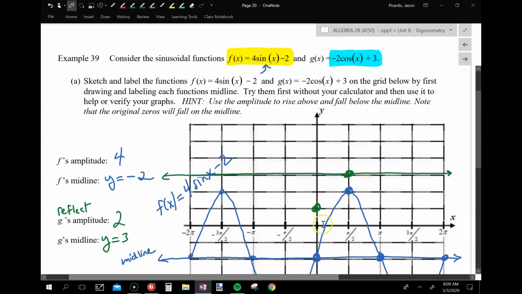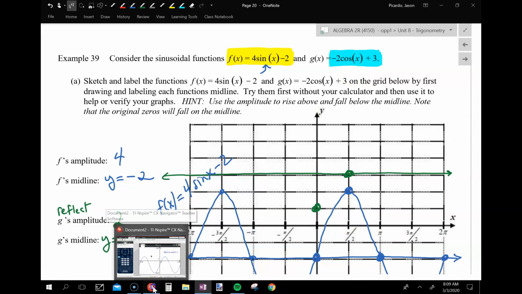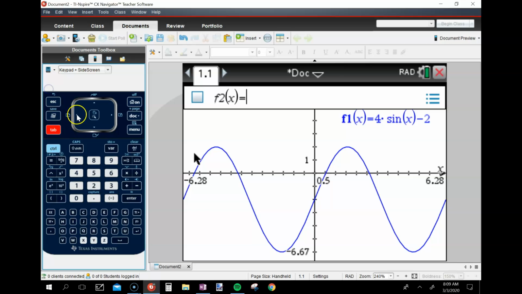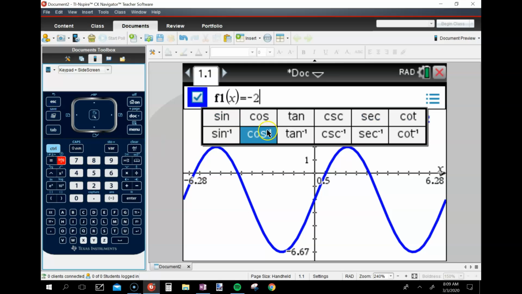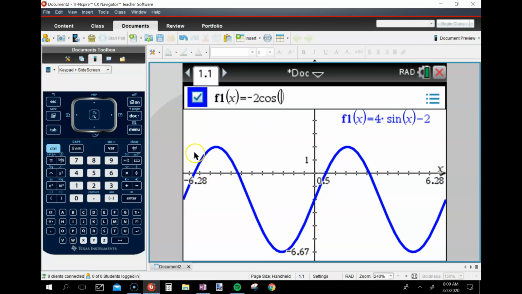Now, really quickly, we can understand how this can become confusing when we're reflecting it, shifting it, doing all this stuff to it. This would be a prime example for one that I would suggest. We go -2 cosine of x plus 3.